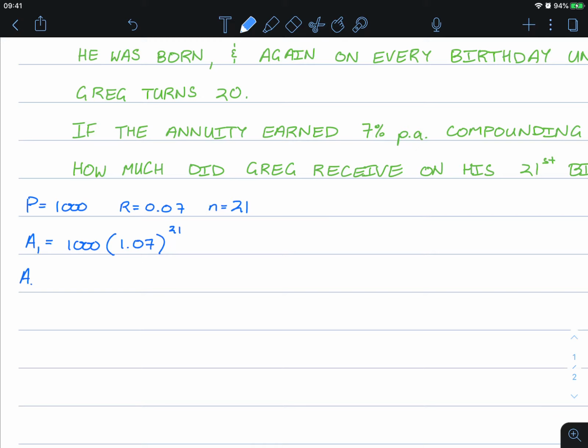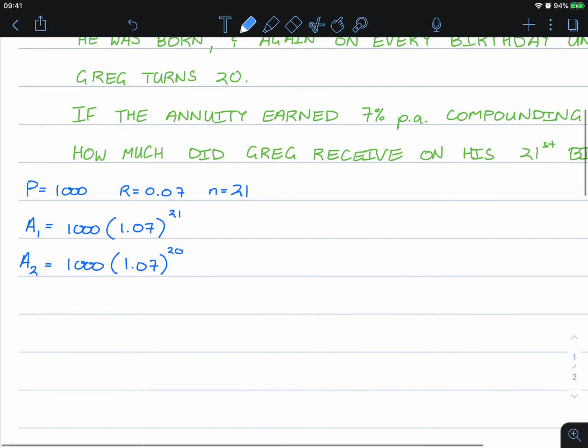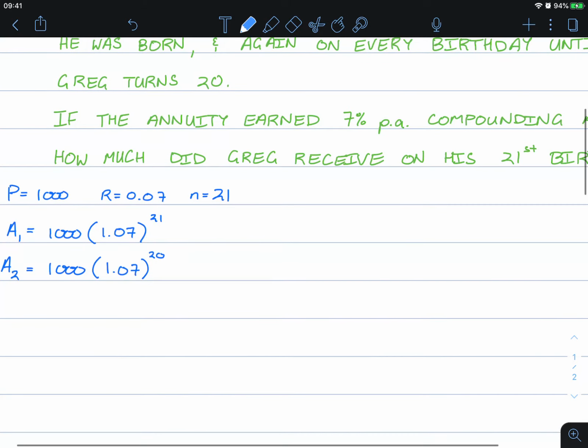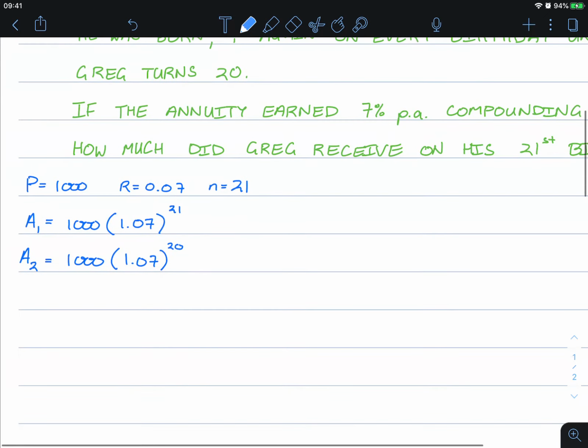But when Greg turns 1, his parents put in another $1,000 at the same rate, but this time this investment will only go for 20 years, because from when he was 1 year old until he's 21 is a difference of 20 years.